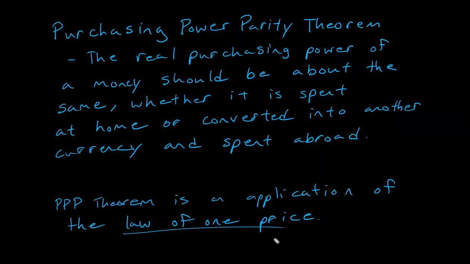We're not going to get too deep into the law of one price. I'm not even going to write out a formal definition for it, but essentially it says that if we have free trade, then identical goods will sell for about the same price throughout the world. Now, there are some problems with that, and problems with the degree to which the purchasing power parity theorem is true.